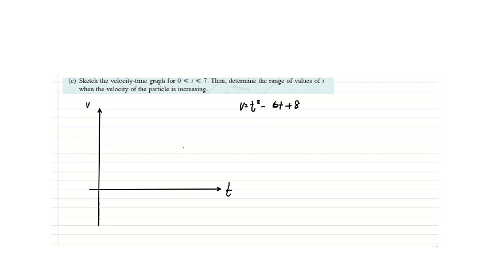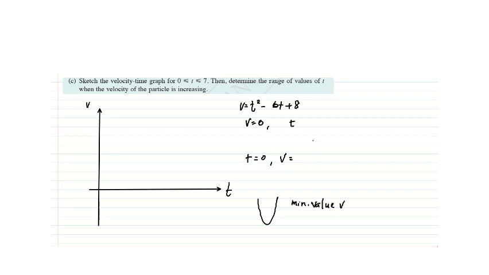Between t from 0 until 7, so we have to find when v equal to 0, what is the value of t, and when t equal to 0, what is the value of v, and then since this is a minimum value, we have to get the minimum value of v.